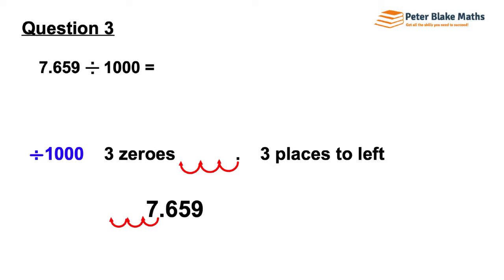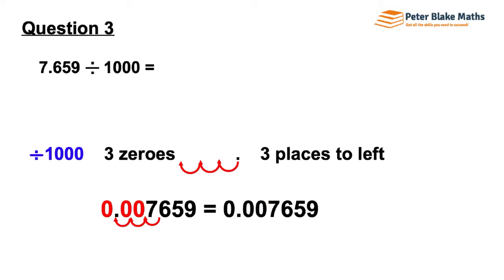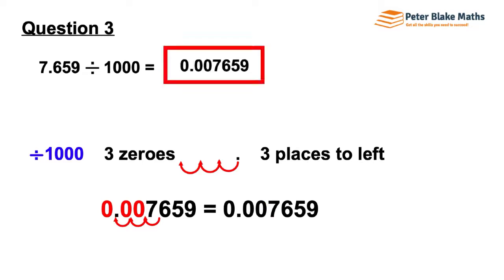And when the decimal point ends up at the left-hand end of my arrows there, I need to put a 0 at the very front just to make sure it's clear to everybody that this is a decimal number. So what we've done is moved the decimal point 3 places to the left and done some filling in with zeros to make it look like a proper decimal. Our final answer there is 0.007659.